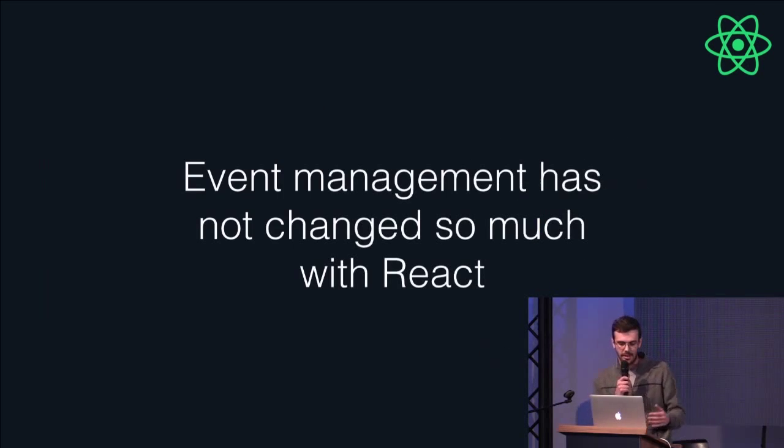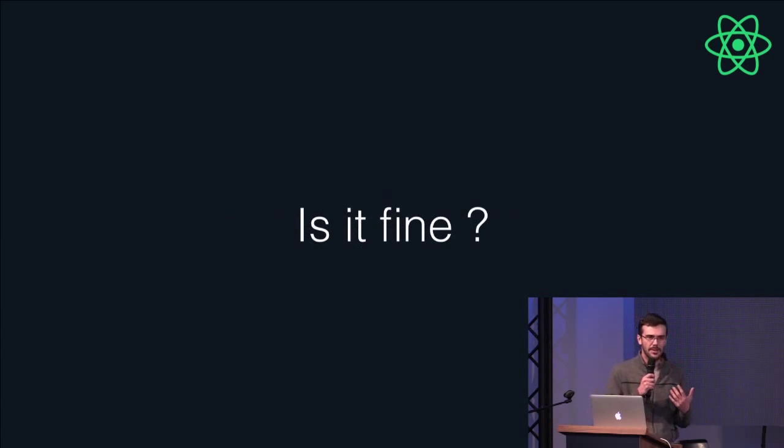So the conclusion is that React has not done much for event management in these past 2 years. But perhaps it's because it's fine. Perhaps this model is perfectly good, and we are happy with it, and that's why it didn't change.